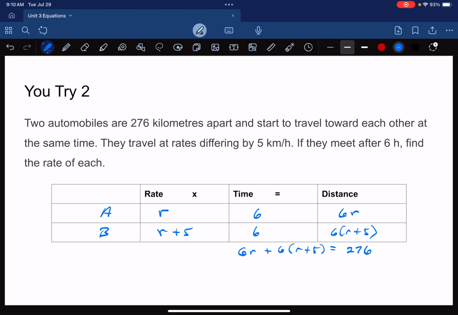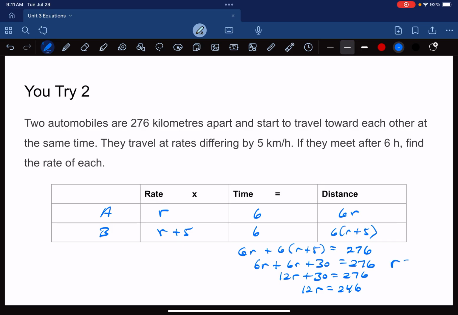I'll distribute. Plus 6R plus 30. And then 6R and 6R make 12R plus 30. Subtract 30. And then divide. I get 20.5.